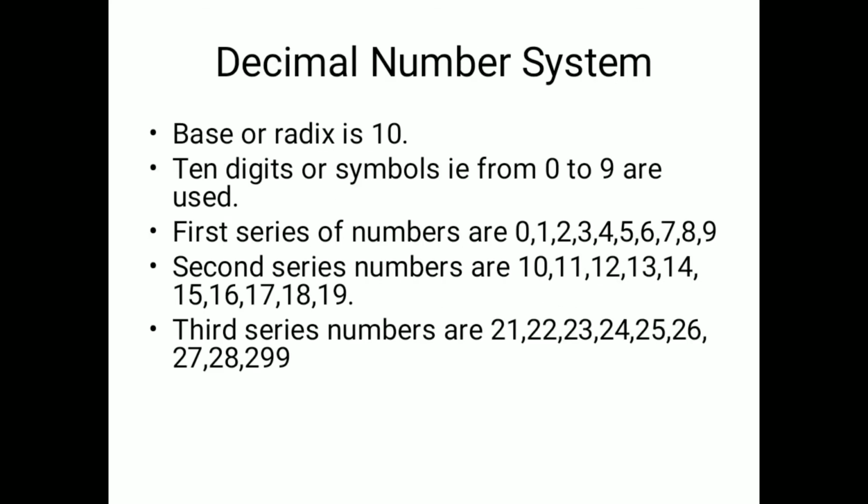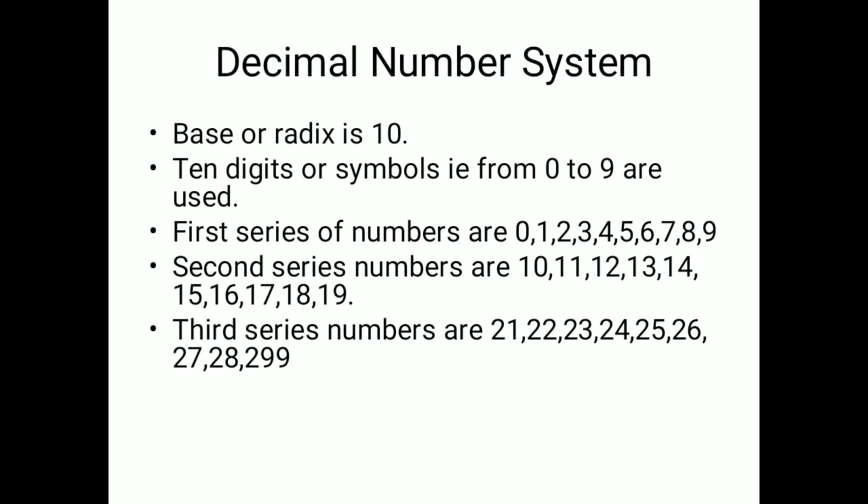So let's first see the decimal number system. Deci means 10, so the decimal number system has base 10. It is also called the radix. Base 10 means you have 10 symbols or digits to represent any number in this number system, and these digits are 0, 1, 2, 3, 4, 5, 6, 7, 8 and 9.